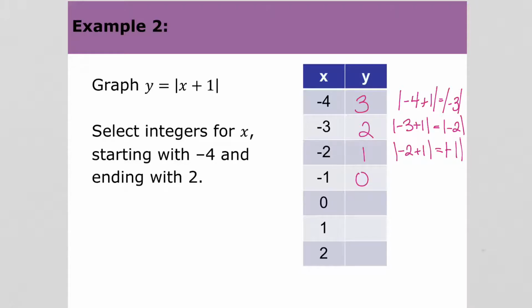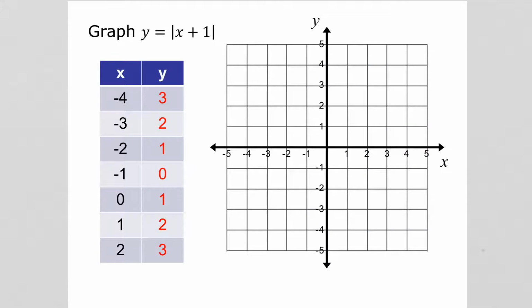0 plus 1 is 1, and the absolute value of 1 is 1. 1 plus 1 is 2. The absolute value of 2 is 2. 2 plus 1 is 3. The absolute value of 3 is 3. So we'll come over here and plot those points. We've got -4, 3; -3, 2; -2, 1; -1, 0; 0, 1; 1, 2; and 2, 3.